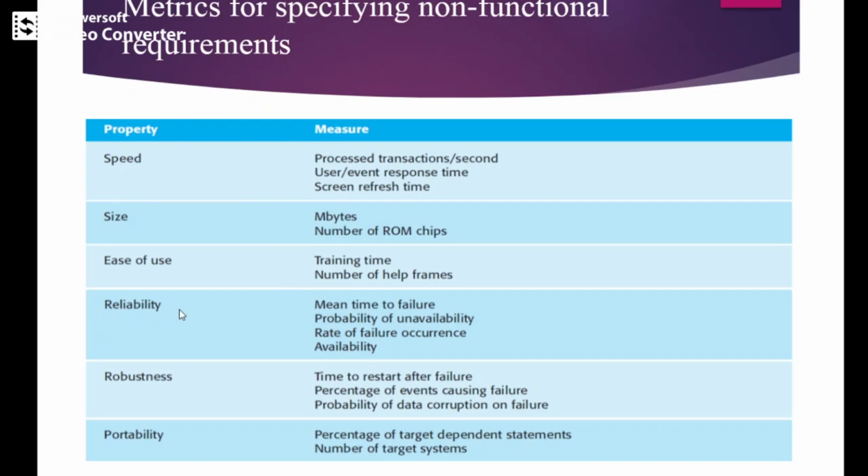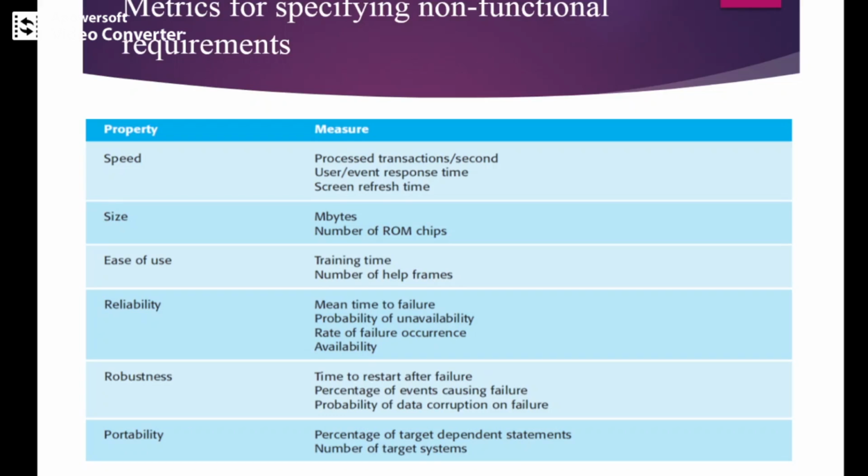Next property, reliability. What do you mean by reliability? How do you measure it? It's the rate of failure occurrence. Mainly you're calculating the rate of failure occurrence, mean time to failure, probability of unavailability, also availability. Next property, robustness. How will you measure it? It's the time to restart after failure.